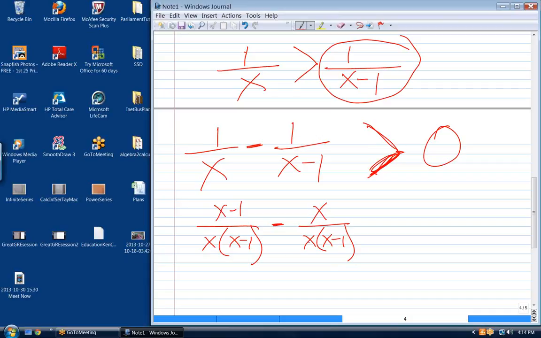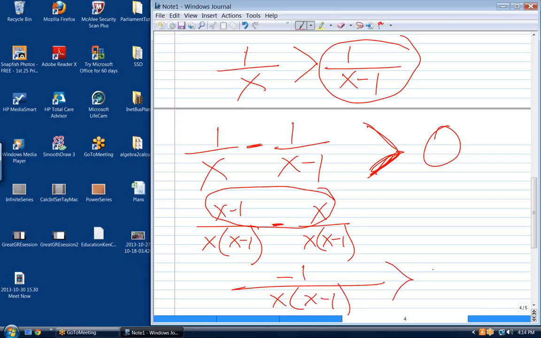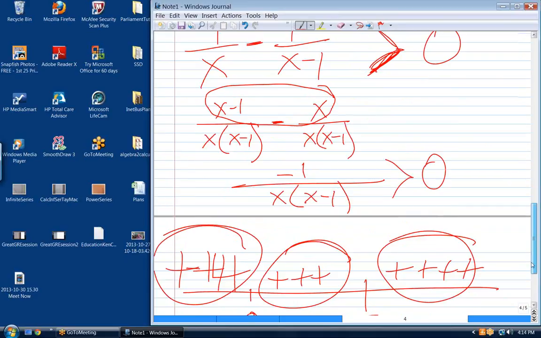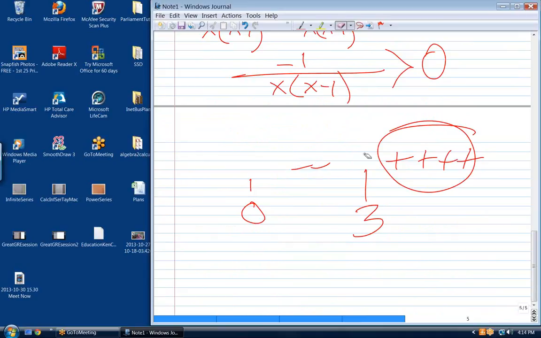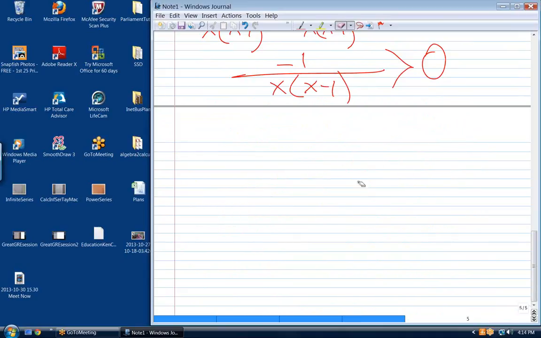Because I have the same common denominator, I can operate on the numerators, and I end up with minus 1 over x times x minus 1 has to be greater than 0. See how I got the minus 1? x minus 1 minus x, because you subtracted the x's. Right. Now we have a single rational quotient.